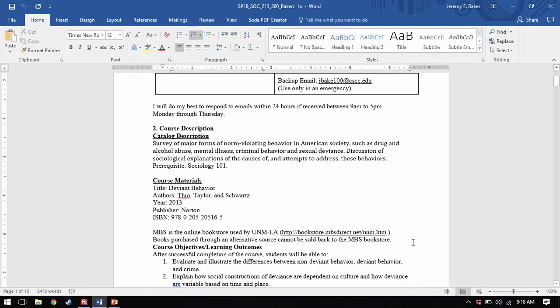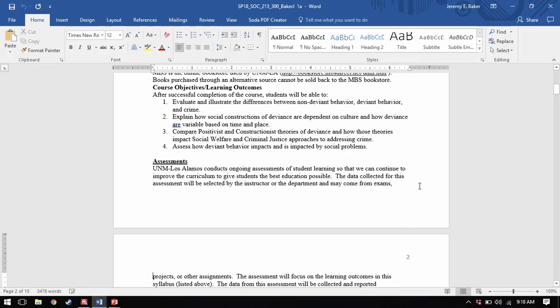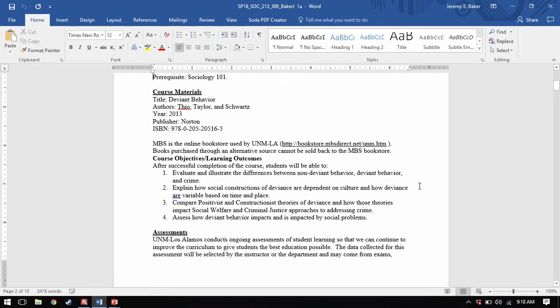So here we have a catalog description that you've probably already read. In our course, we're going to be talking about things like drug abuse, mental illness, criminal behavior, sexual deviance, and what that means to society. There is the information for getting your textbook. They should have the textbook in the bookstore.